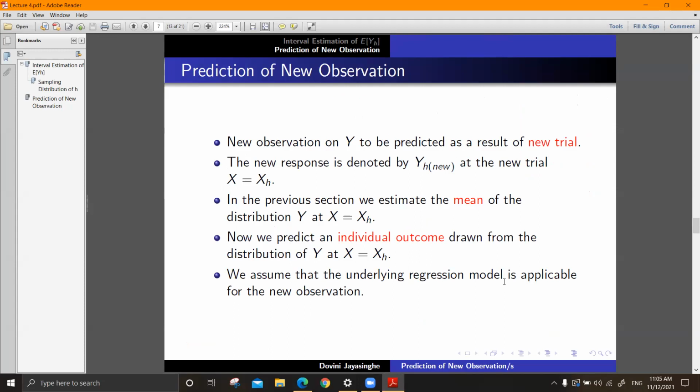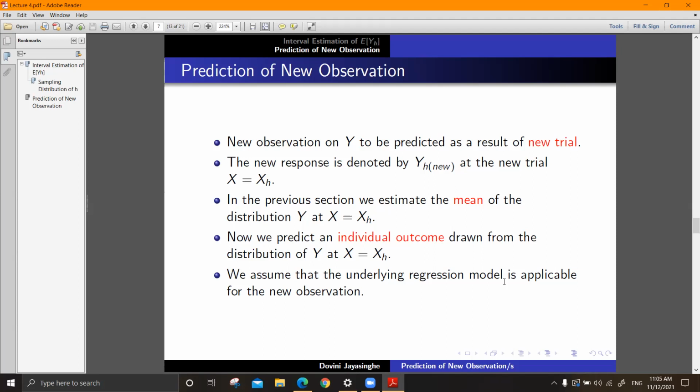You're not dealing with the sample any longer, but it is advisable to keep the value of X within the range of our regression.